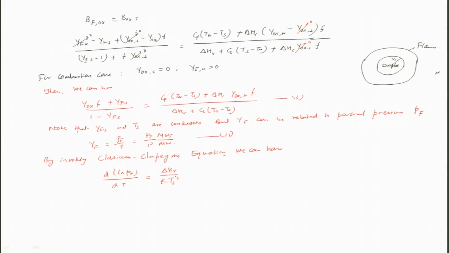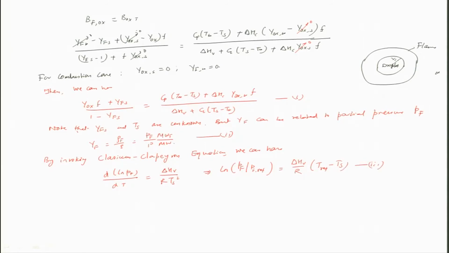So, you can get this very easily: ln (Pf by Pf reference), with some reference you will take, equal to delta Hv by R into (1 by T reference minus 1 by Ts). So, this is 3.